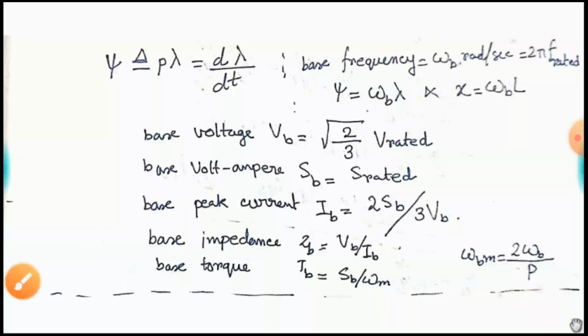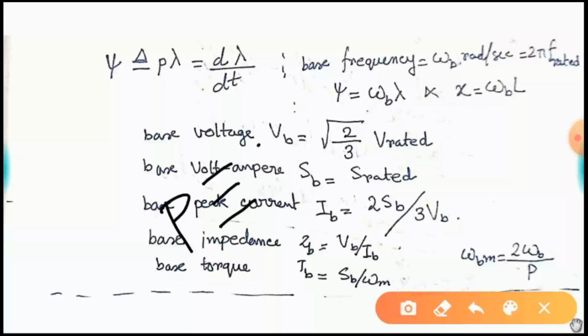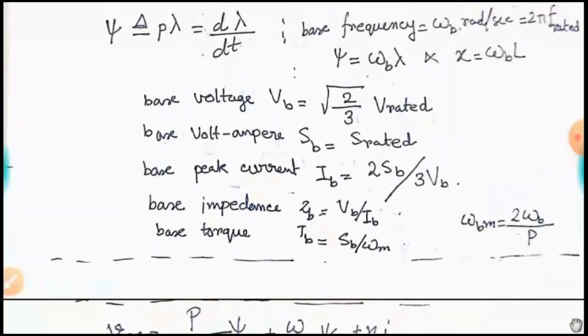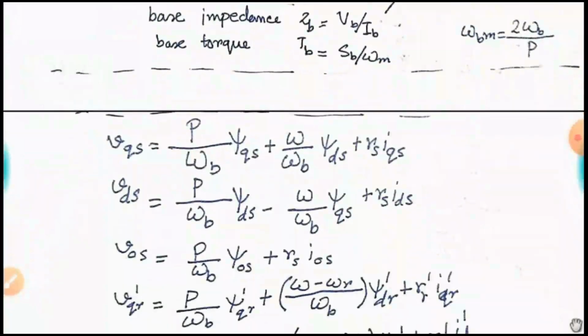In steady state, p is equivalent to omega b, and dimension wise they are almost the same, because p, that is d/dt, has the dimension of reciprocal of seconds, and omega b is a frequency. The omega b is just selected to make the whole transformation smoother and simpler.